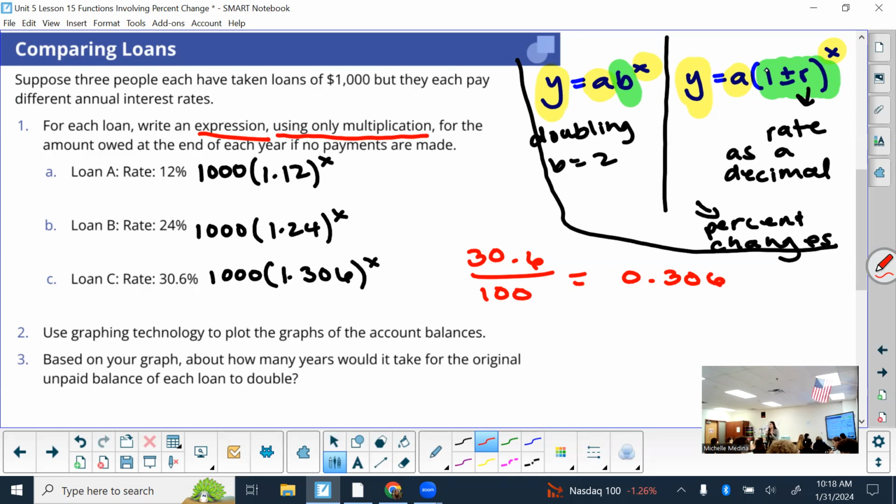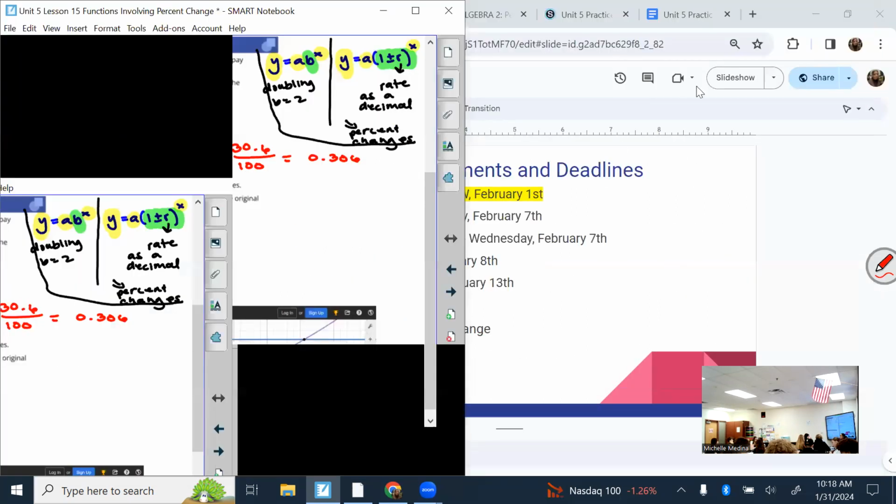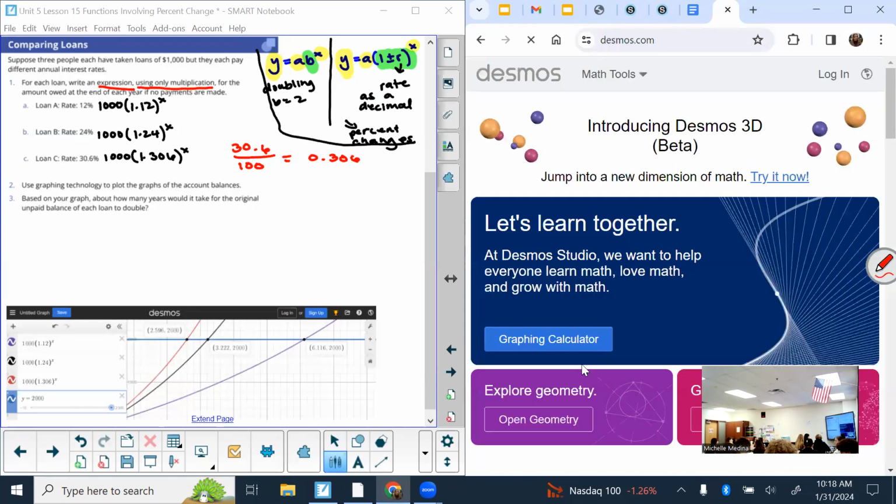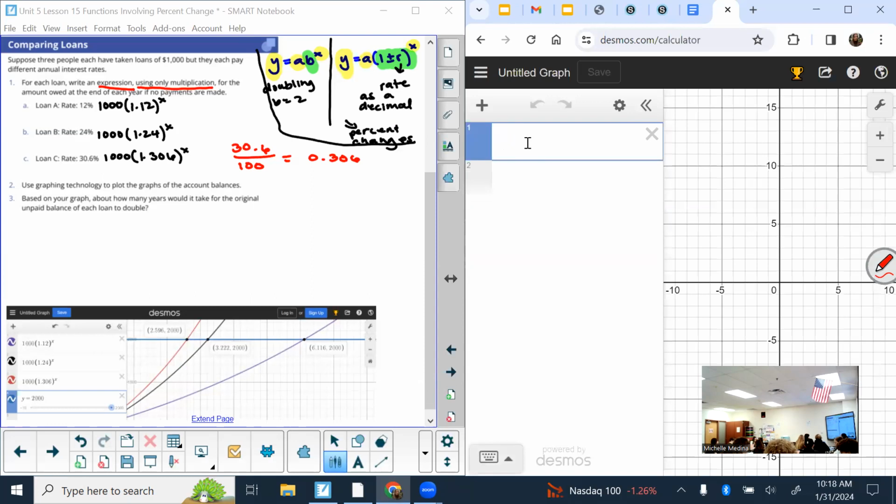So the next step, hopefully you got to it, was to use graphing technology so that you can answer things like number 3. Once you make the expressions, you should be able to graph them all in the same graph so that you can compare them.